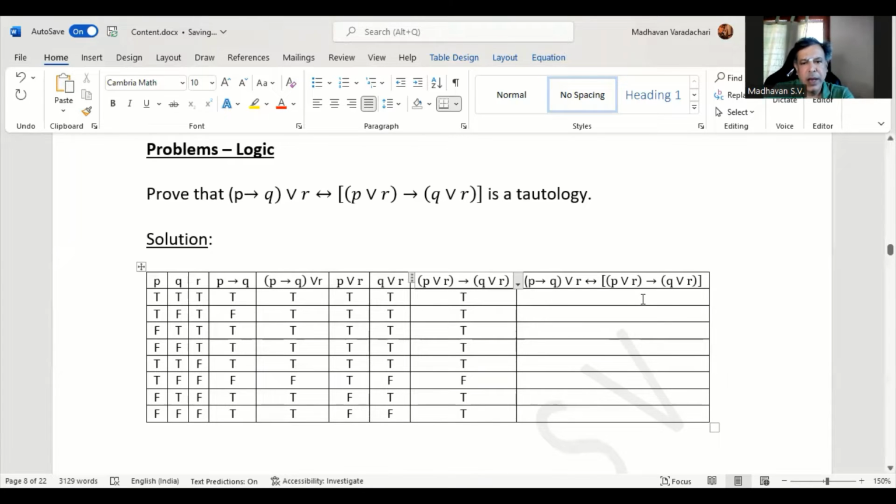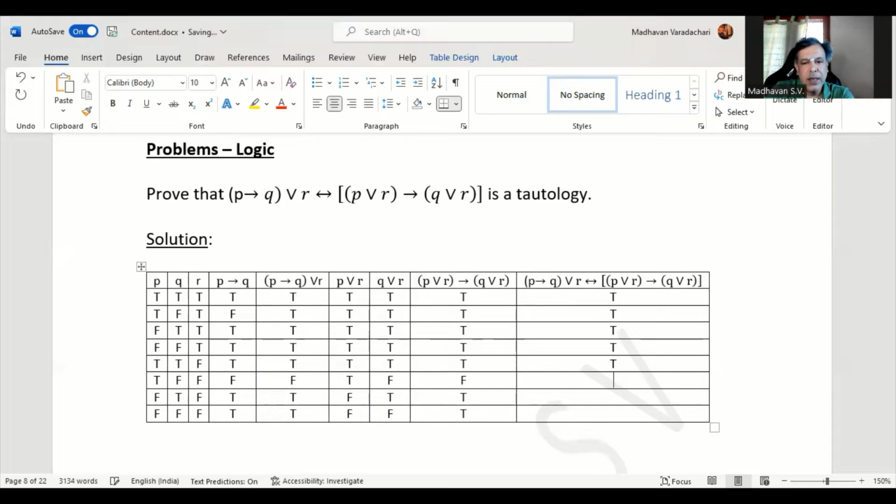Now comes the last column, that is P implies Q or R, that means this column, double implies this column, means whenever the truth values are the same, it will be true. If it is different, then it will be false. We may notice here T and T, T and T, T and T, T and T, T and T, F and F, T and T, T and T. So that means everything will be true only.